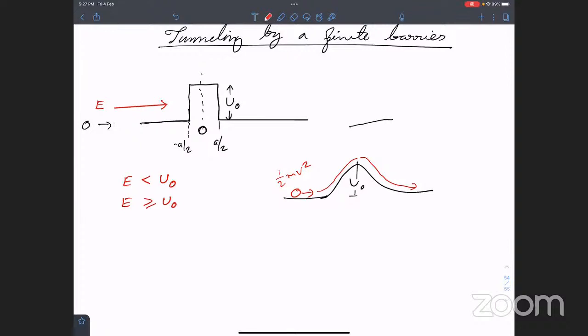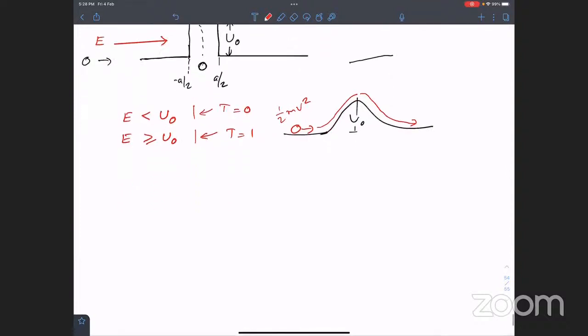And classically, when E is greater than or equal to U naught, the electron's transmission will be 1. So it will be able to surmount that barrier. Classically, if energy is less than U naught, then the transmission will be 0. So if we plot the classical transmission, what is the meaning of transmission?